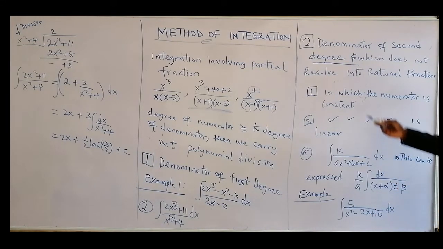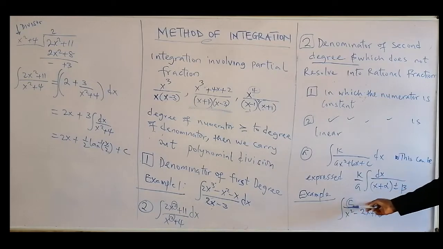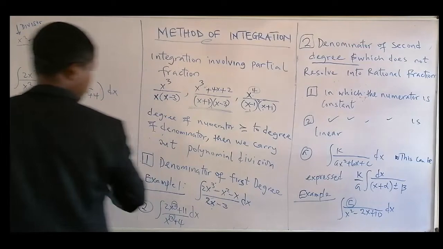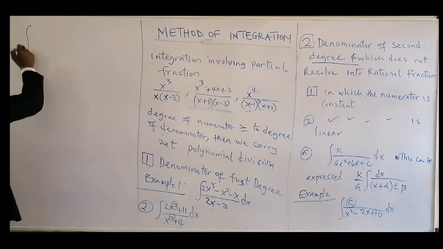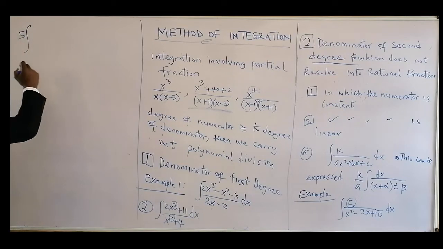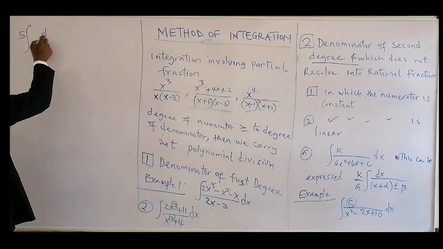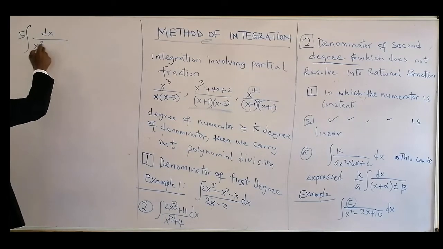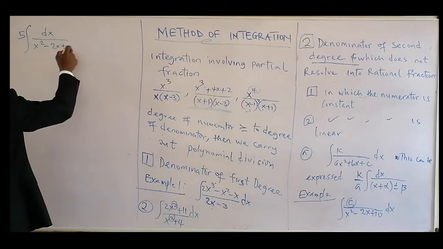In case 1, the numerator is 5. So let's see how this goes. You can take the 5 out, and that will be 5 times the integral of dx over (x² − 2x + 10).